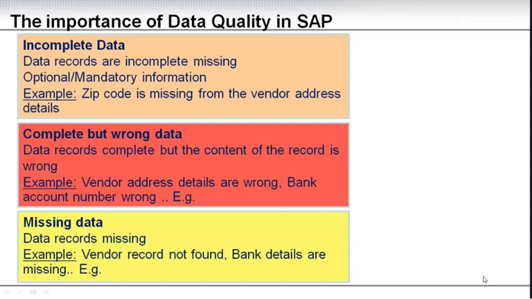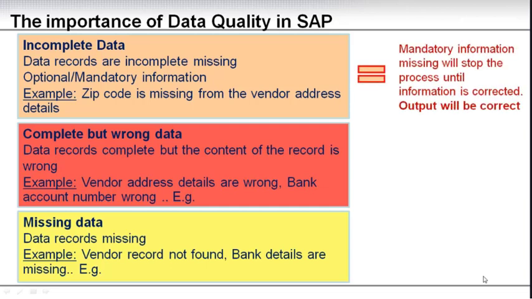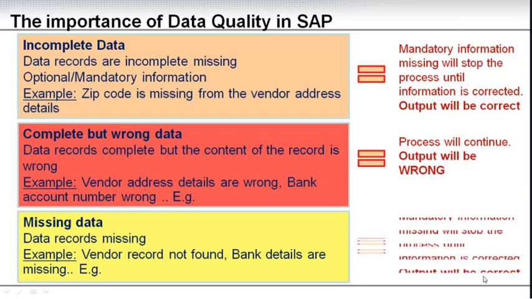And the impact of this is, well, if it's incomplete data, the process will most likely stop until the information is corrected, but the output will be correct once you put in the missing piece. Complete but wrong data, the process will continue as the record contains all the mandatory elements, but the output would be wrong.